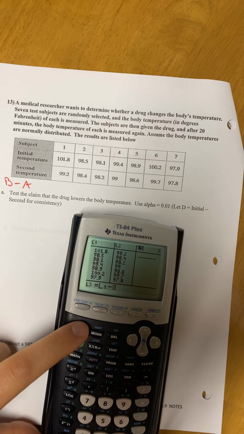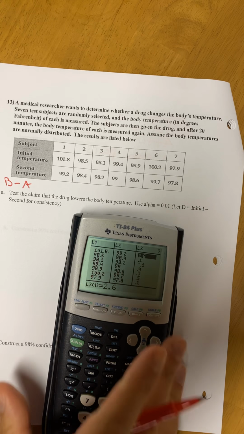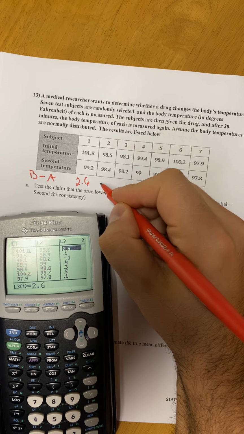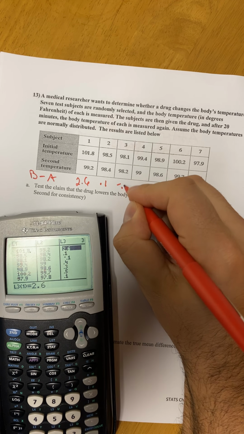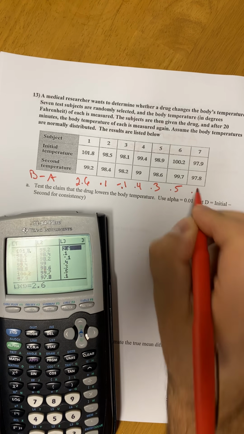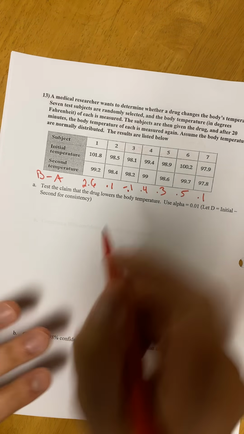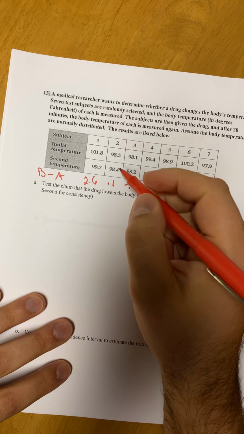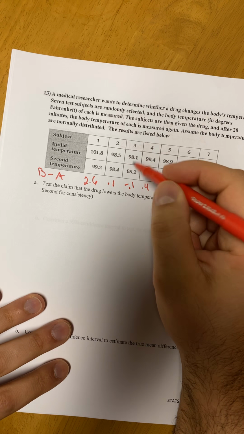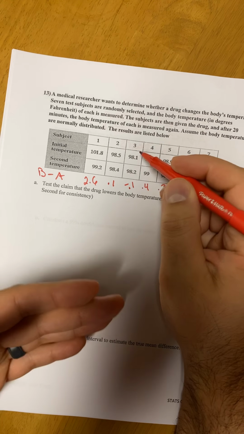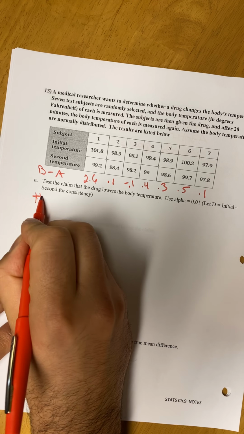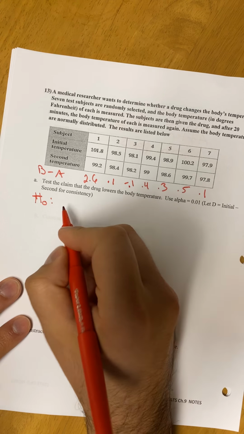So here are all the differences: 2.6, 0.1, negative 0.1, 0.4, 0.3, 0.5, 0.1. In this case, Bree's temp went down 2.6, Amelia's temp went down 0.1, Bass's temp went up 0.1. So test the claim that the drug lowers body temp.